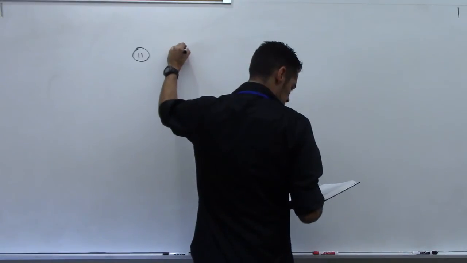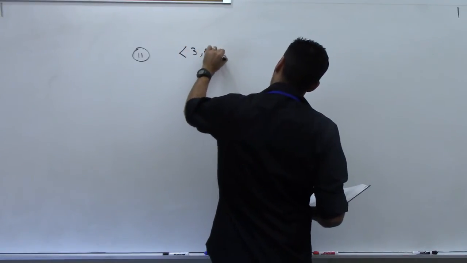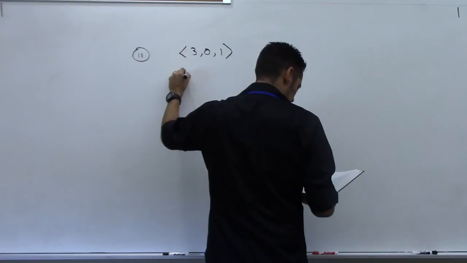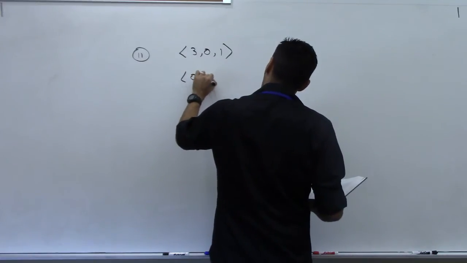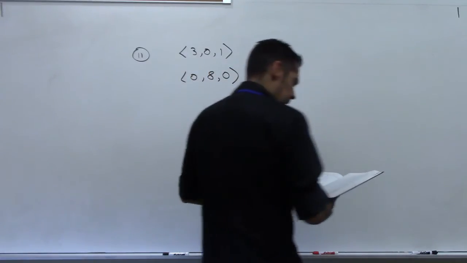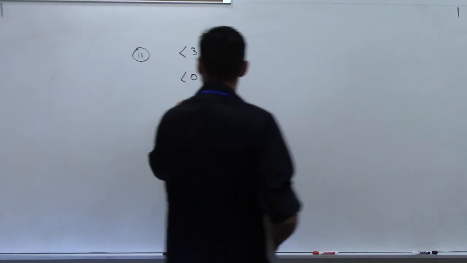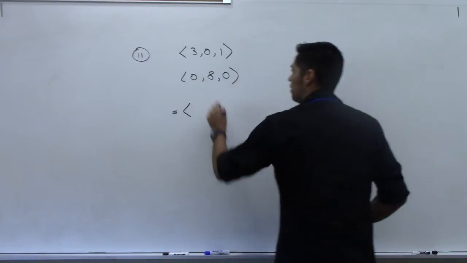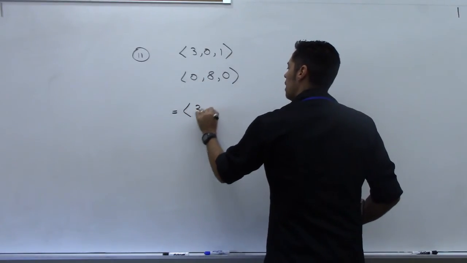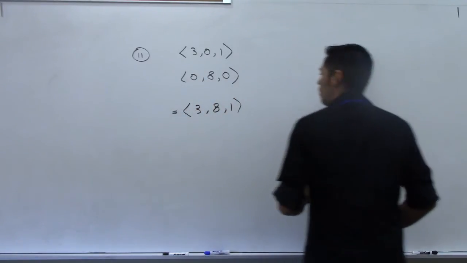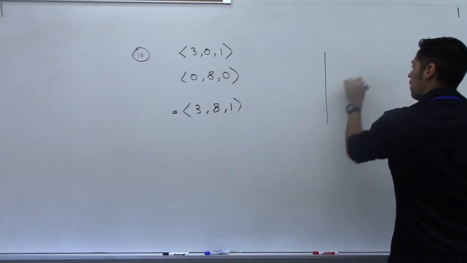So we have two vectors, 3, 0, 1, and the vector 0, 8, 0. I want to add these, find the sum, and illustrate it geometrically. Adding these two vectors together is pretty easy. You just do the components. So 3, 8, 1.